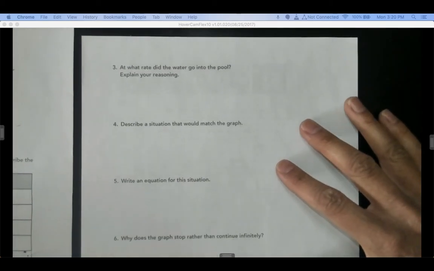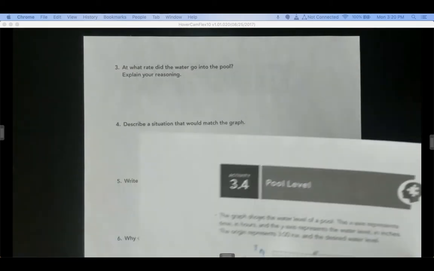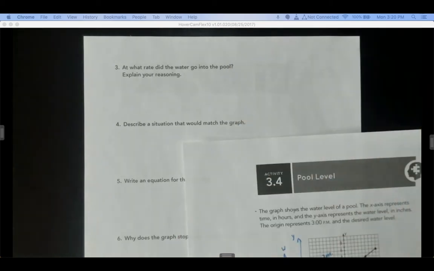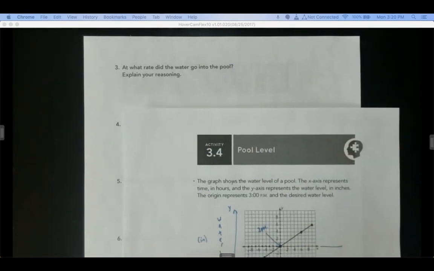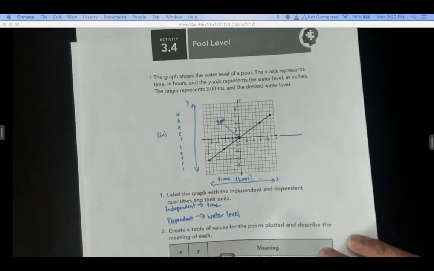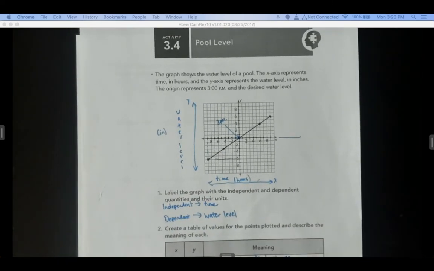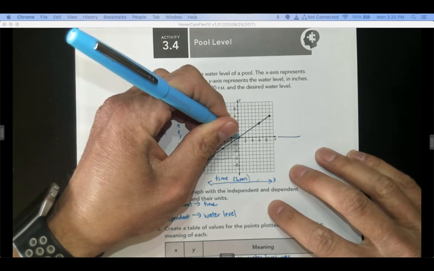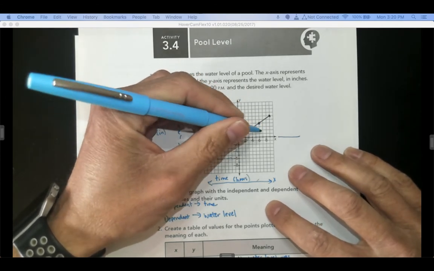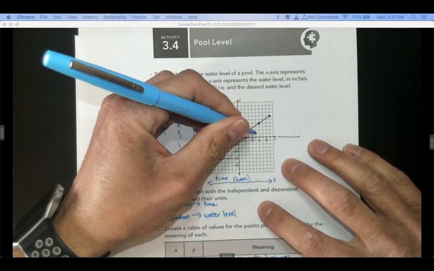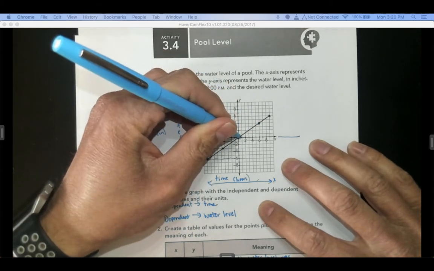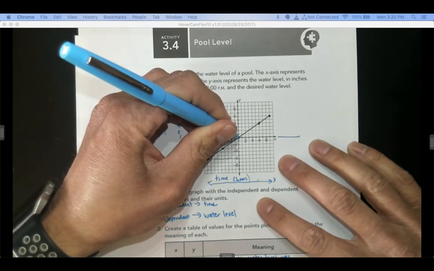All right. So the question that comes next is at what rate did the water go into the pool? Explain your reasoning. So if I'm looking at this, I'm looking for a point on the line.